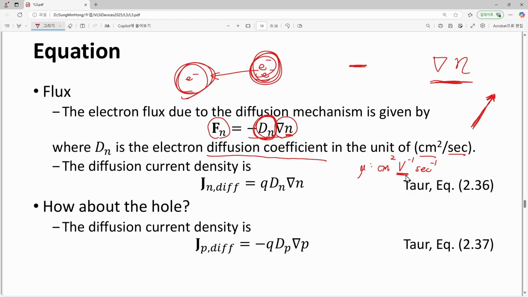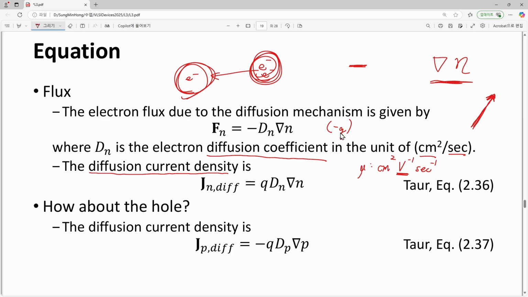This is the flux, and it can be converted into the current density by multiplying by the charge carried by the charge carrier. In the case of our electrons, they carry minus q.